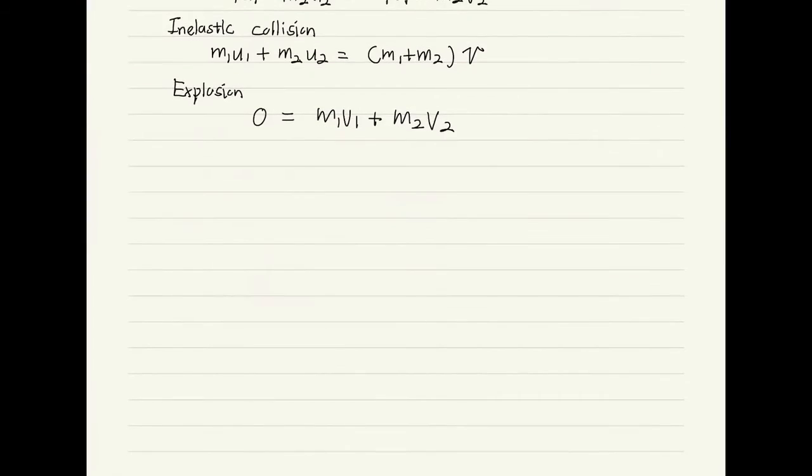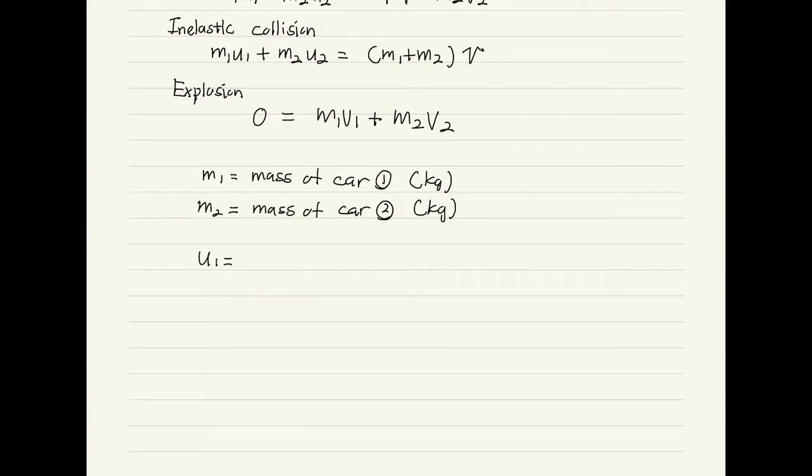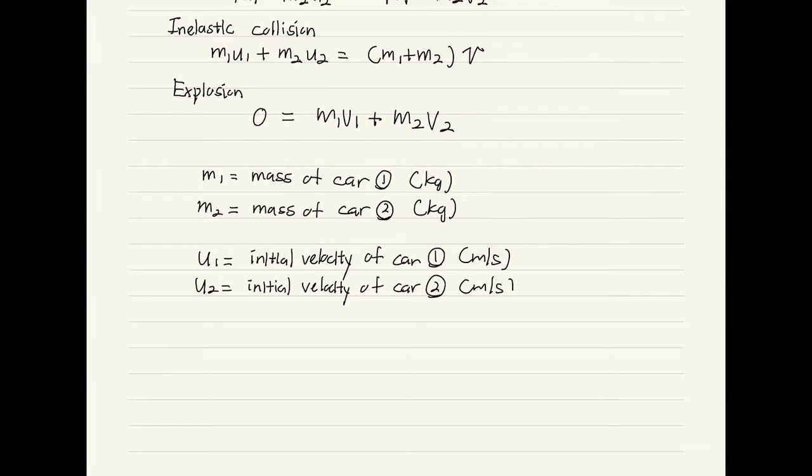From the formula, m1 is the mass of car 1 with the unit kg. m2 is the mass of car 2 with the unit kg. u1 is the initial velocity of car 1, meter per second. u2 is the initial velocity of car 2, meter per second.